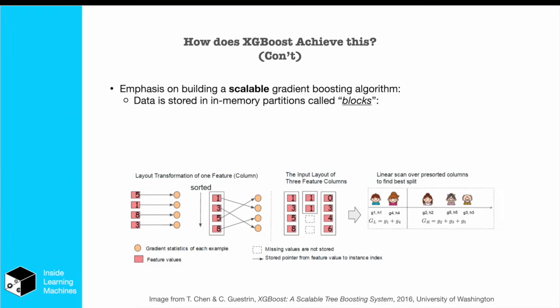Normally with a tree-based algorithm, you have to sort the rows in your data set in order to compute the split points. That's something that's done internally, and that can take some time. So instead of doing that, or to minimize the time doing that, we're going to split the data up in memory into these partitions.